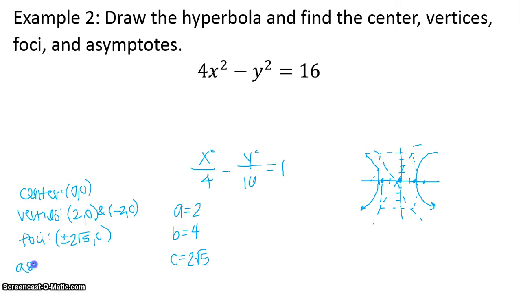And my asymptotes are y equals k, which is 0, plus or minus, and in this case it should be b over a, so 4 over 2, which is 2, times x minus h, so really just x, so plus or minus 2x. So that gives me both lines there.